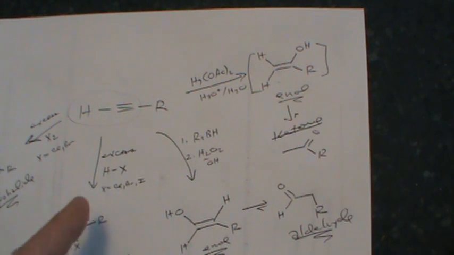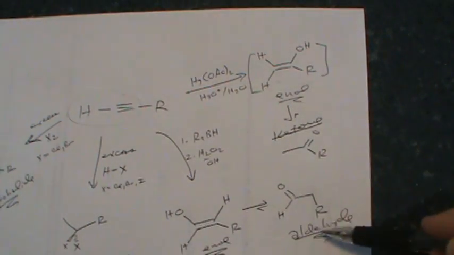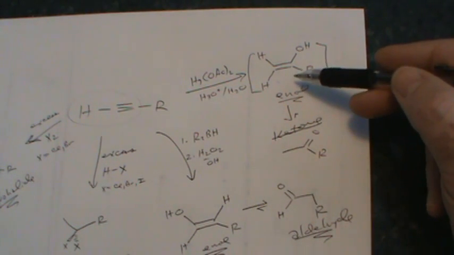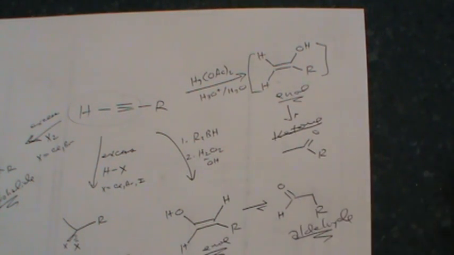If this were an internal alkyne, it wouldn't really matter whether we use Markovnikov or anti-Markovnikov conditions. You'd only form ketones. But by choosing a terminal alkyne with an anti-Markovnikov hydration, we can actually produce the corresponding aldehyde. The details of these equilibria processes between the enols and the ketones, or the enols and the aldehydes, will be presented in Organic Chemistry 2 when we study aldehydes and ketones.